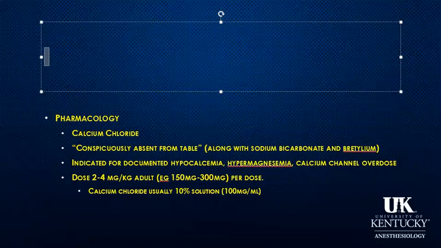A typical dose is 2 to 4 milligrams per kilogram, such that would calculate out to 150 to 300 milligrams per dose. And since calcium chloride usually comes in a 10% solution, which is 100 milligrams per mil, that means the pre-filled syringe would typically be good for about 3 doses.